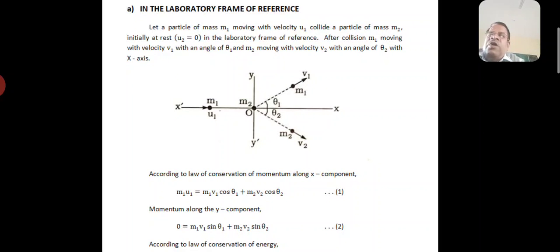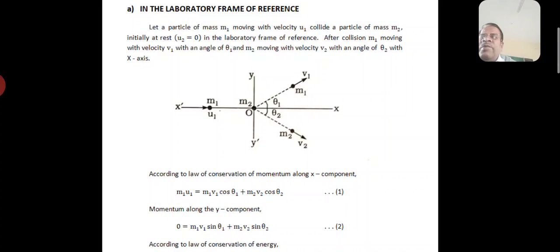Therefore, y component of momentum is 0. After collision, the y component of momentum is m1 v1 sin theta 1 plus m2 v2 sin theta 2, we get equation 2.